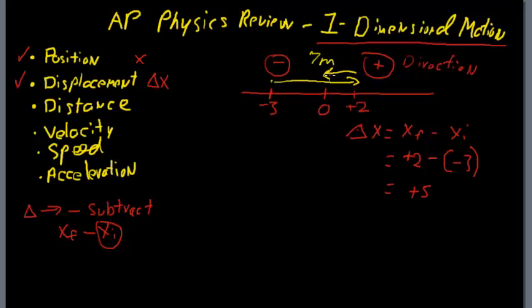Distance is always positive. However, for the change in my position, my final position is 0 and my initial position was -3, so my displacement would have been +3, because I was moving to the right.